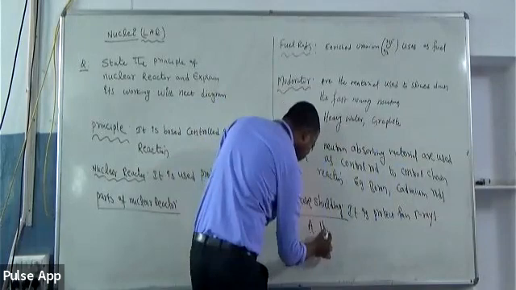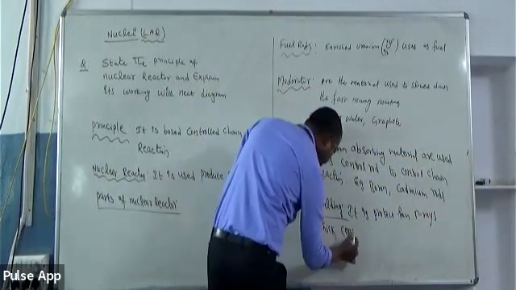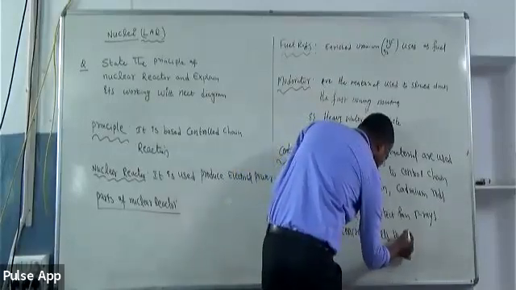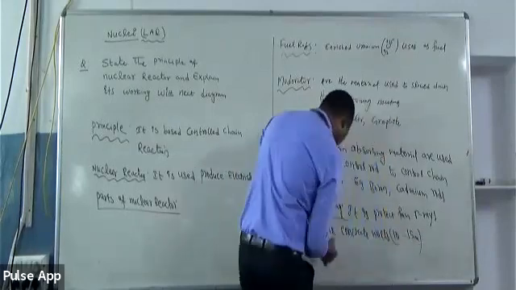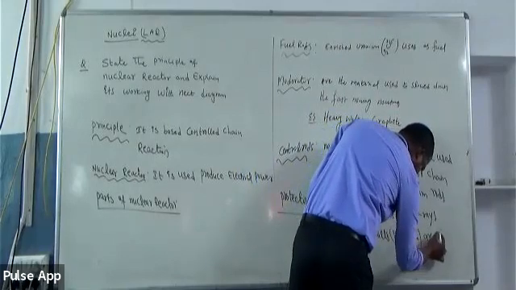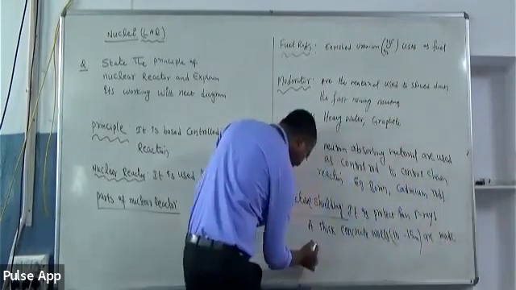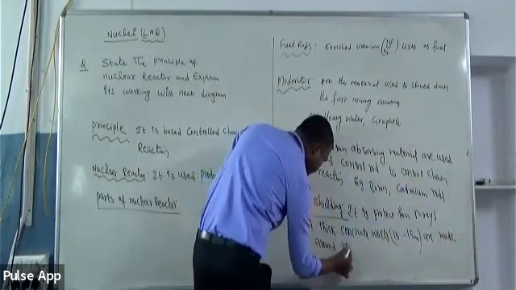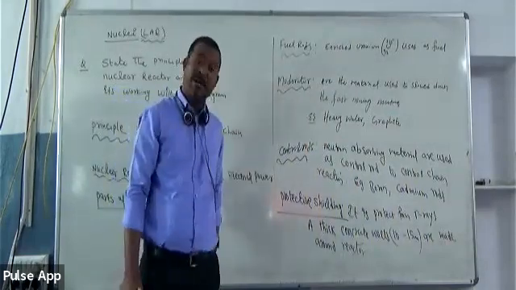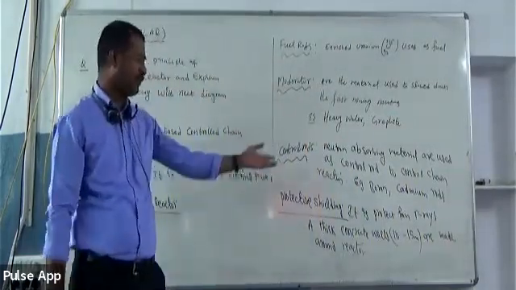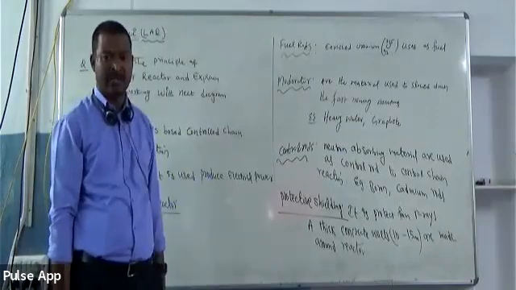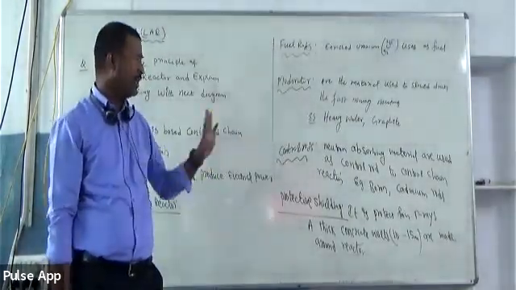A thick concrete wall of 10 to 15 meter thickness is made around the reactor to protect us from gamma rays, and we call it the protective shield.